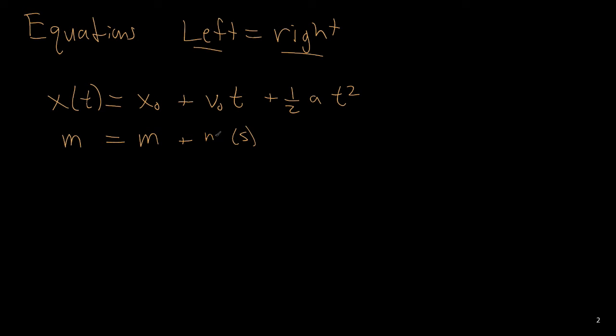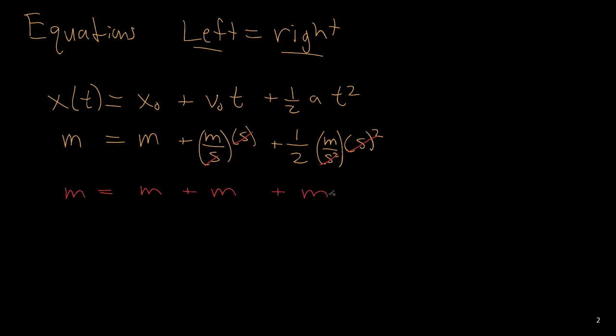So we can infer that the velocity is merely meters per second. Using the same logic, we now have time squared, so we have to infer that the acceleration has units that cancel out. If we work out the math, we can see these time units cancel out, and we are left with meters equals meters plus meters plus meters. Everything is okay with this approach.